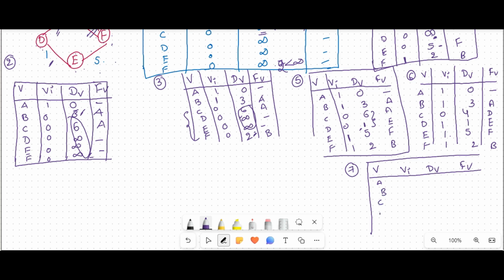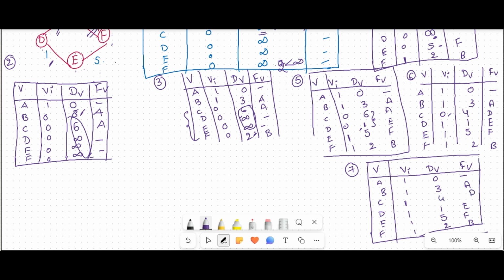A, B, C, D, E, F. Okay. So 1, 0. Visited vertices rows write as it is. Okay. D, 1, 1, E. 1, 5, F. Next up, from the unvisited vertices, which one we have to visit? C. 1, the distance is 4 units.